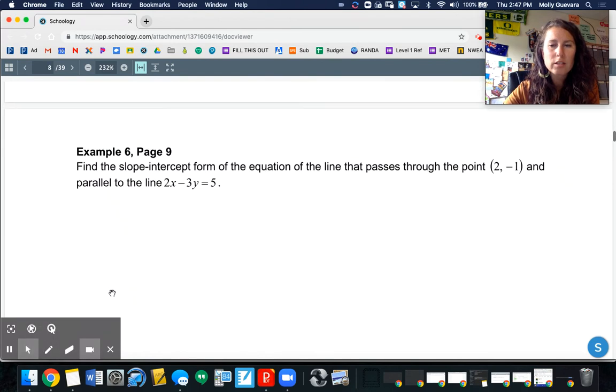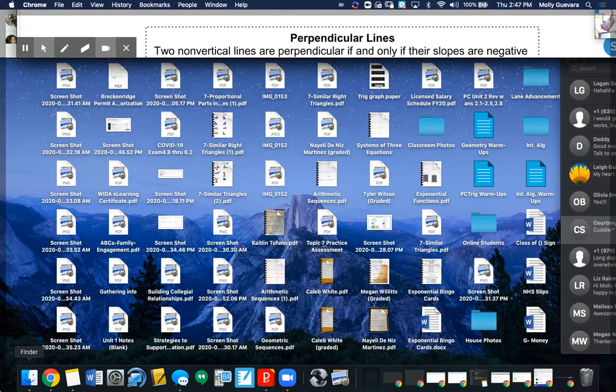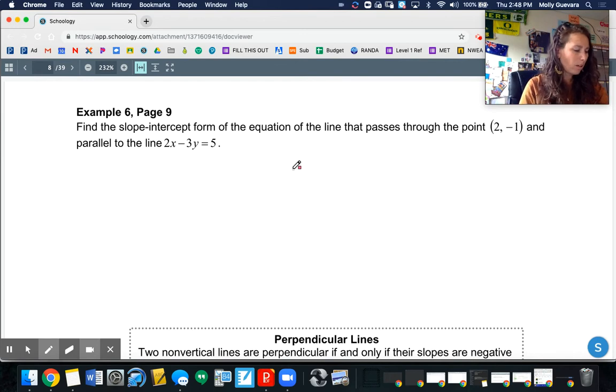So let's look here at example 6. Find the slope-intercept form of the equation of the line that passes through the point (2, -1) and is parallel to this guy. Well, if it's parallel to 2x minus 3y equals 5, then we know that the slopes are the same, but I don't know what the slope of this is, so I have to figure it out.